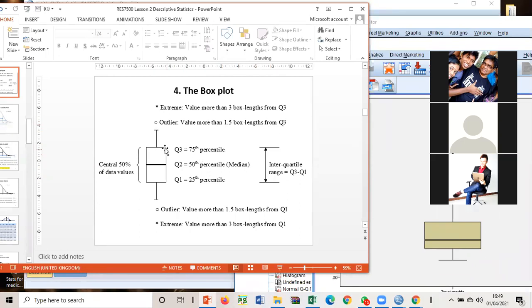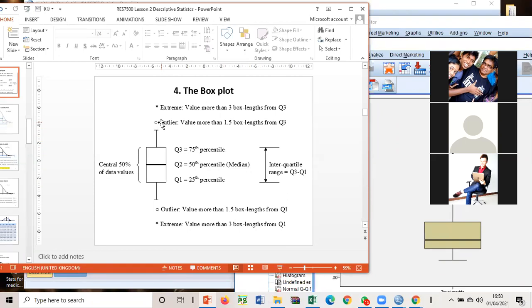If this is 5, how much is 1.5 times 5? 7.5. So from Q3, go up 7.5. All those more than 7.5 are outliers.